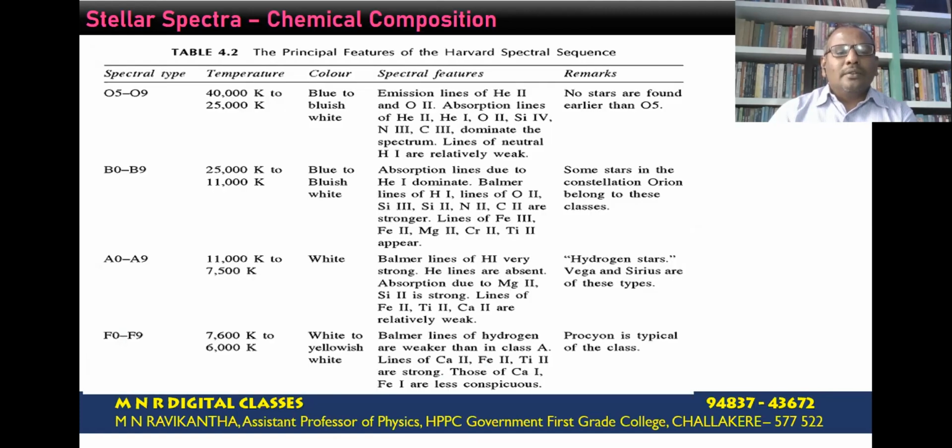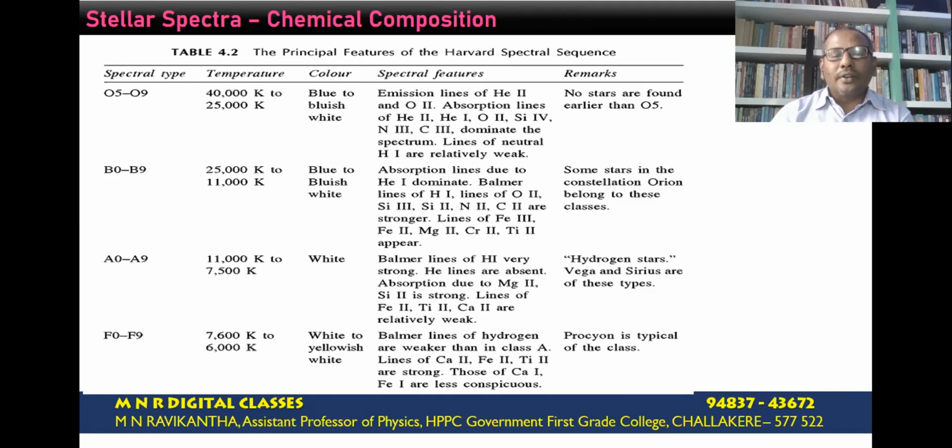Now, let us have a table which gives us the spectral classification with the features of different spectral classes. The spectral type, if we take O5 to O9, the temperature is about 40,000 to 25,000. The appearance of these stars is blue to bluish white.